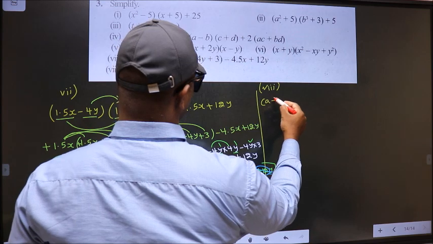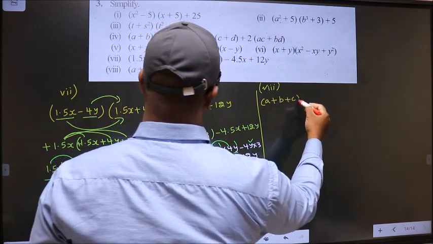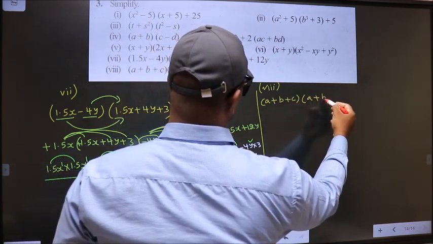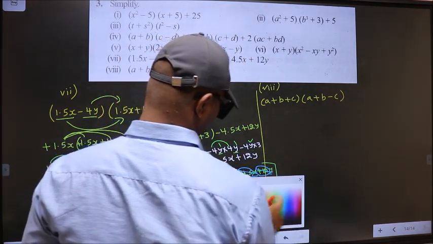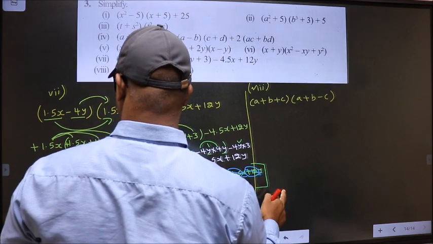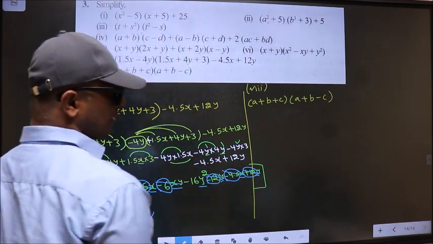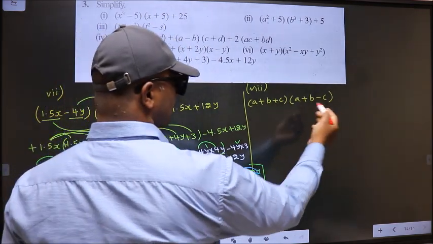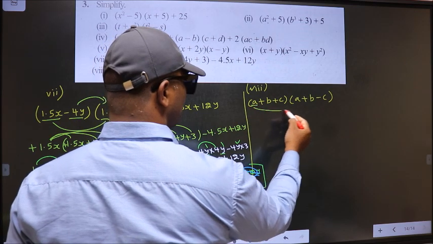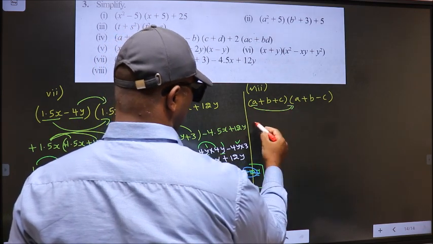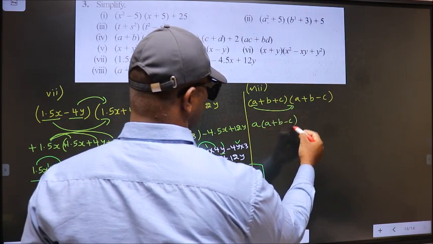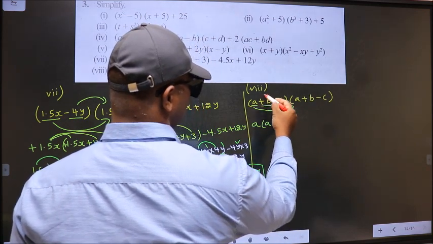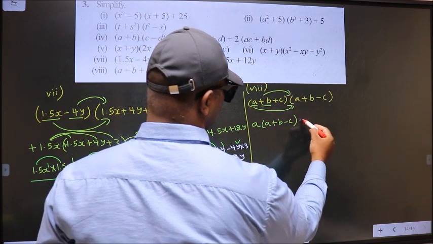A plus B plus C, A plus B minus C. Now, to simplify this, first with A, we should multiply this entire bracket, that is A times A plus B minus C. In the same way with plus B, we should multiply this entire bracket.